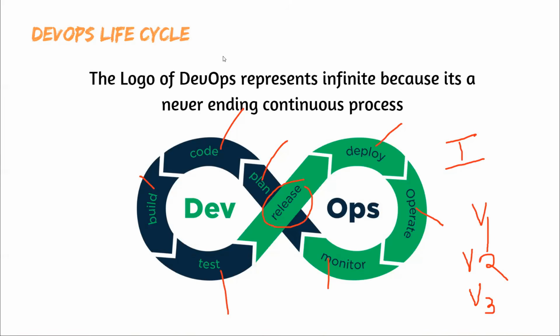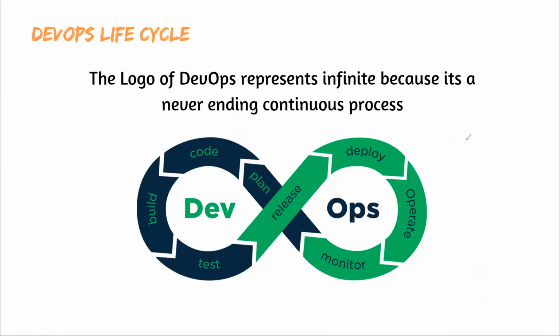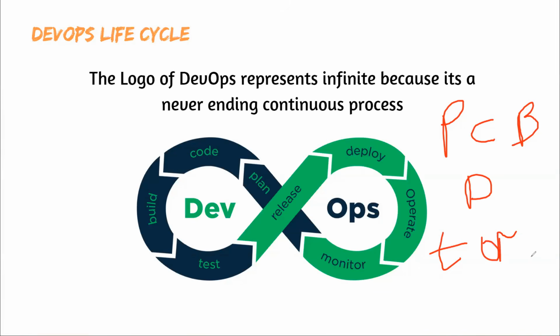Okay, sir. You said there is a shortcut to remember the SDLC, with the Pakistan Cricket Board director. But now I want a shortcut to remember DevOps. Same example again, but this time the Pakistan Cricket Board has a doctor. The director becomes a doctor now.